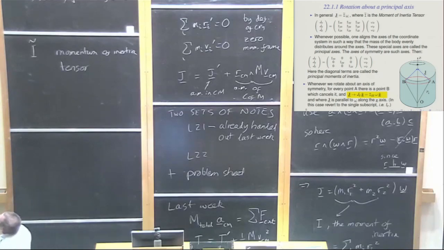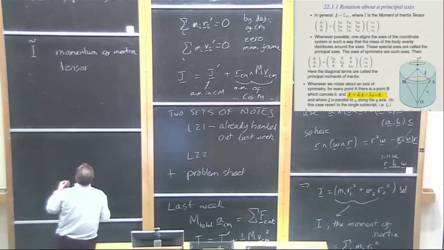So J will be equal to, for instance, I_xx multiplied by this. And through laziness, we often drop the second subscript. So instead of writing I_zz, we would write I_z. And that's what we have been doing until now.